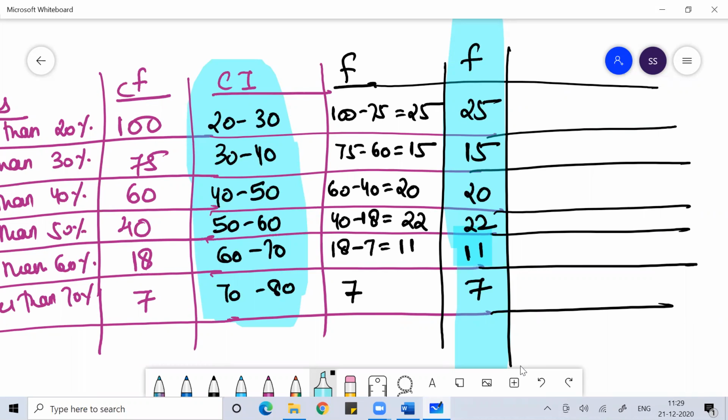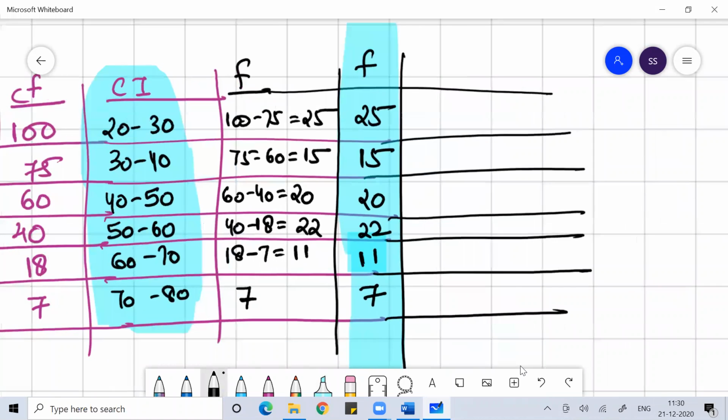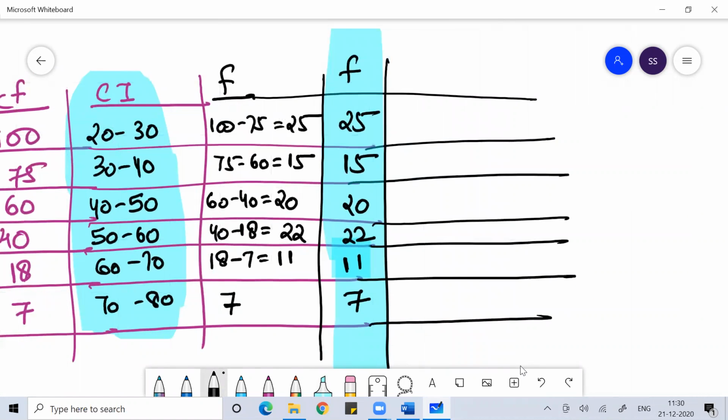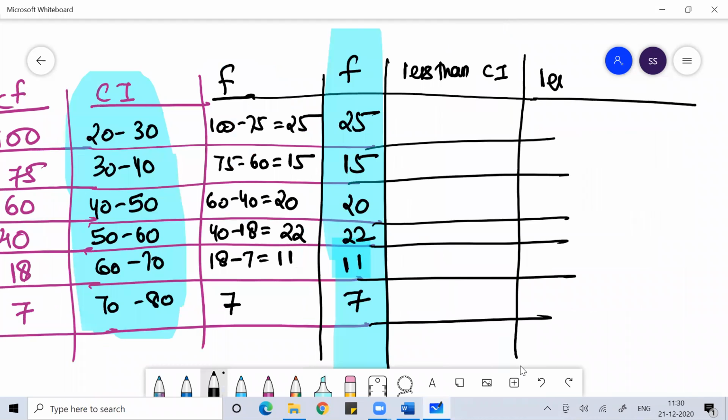Now, once you get the normal class interval with normal frequency, I can find the less than class interval with less than cumulative frequency.